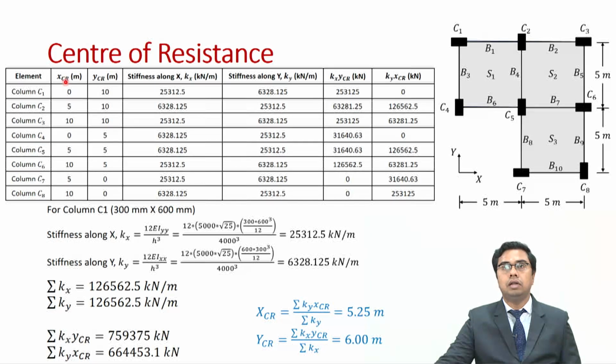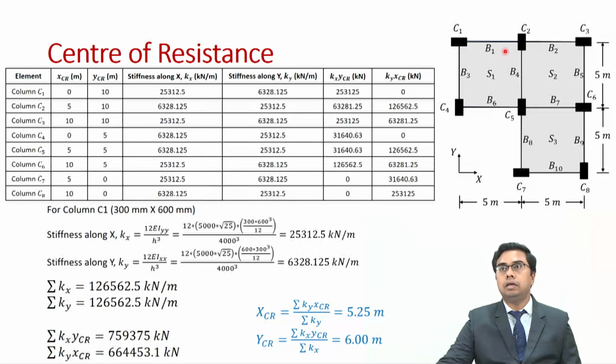So, in the table we will mention the coordinates for the center of resistance of different members. For any given member, the center of resistance will be located at its center of mass.